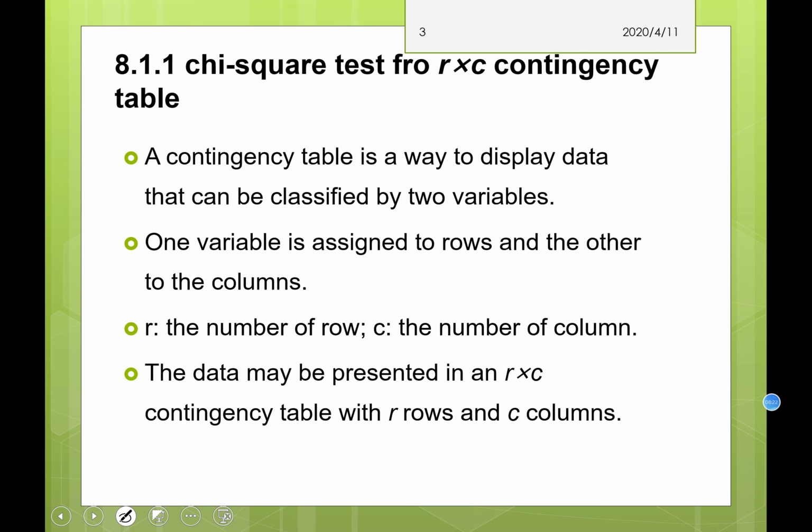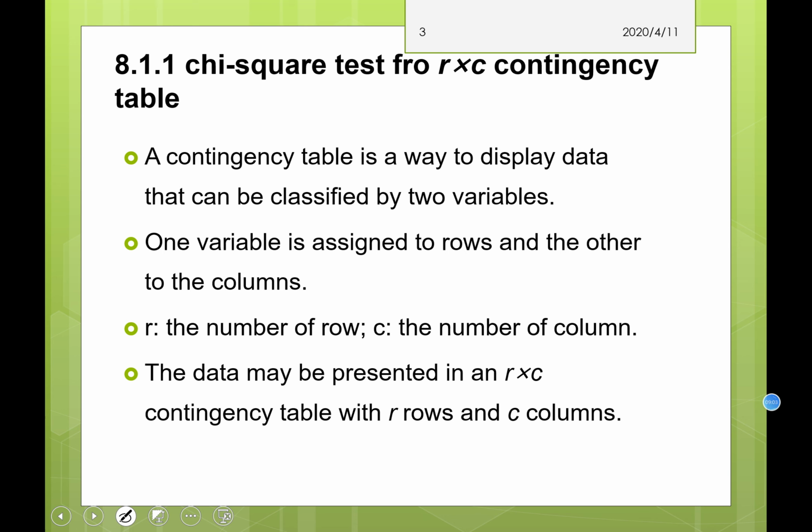Okay, so most often we list all the numbers in a chi-square test in the form of a contingency table. That means we need to list all the numbers in the contingency table. If there is a table, there must be rows and columns. Most often, one variable is arbitrarily assigned to rows and the other to the columns.